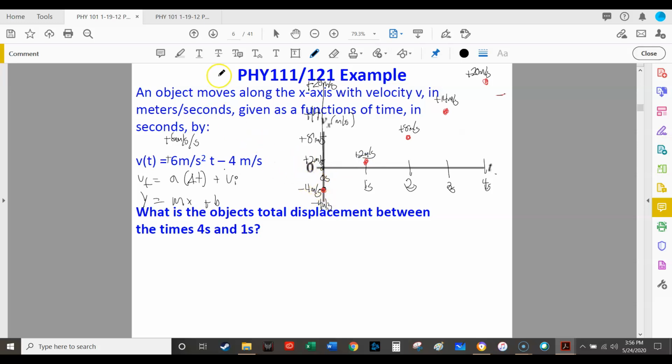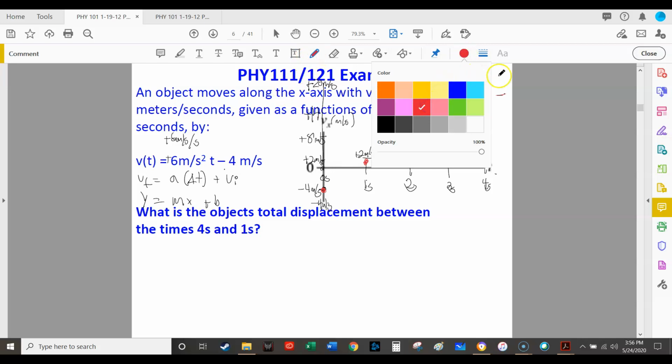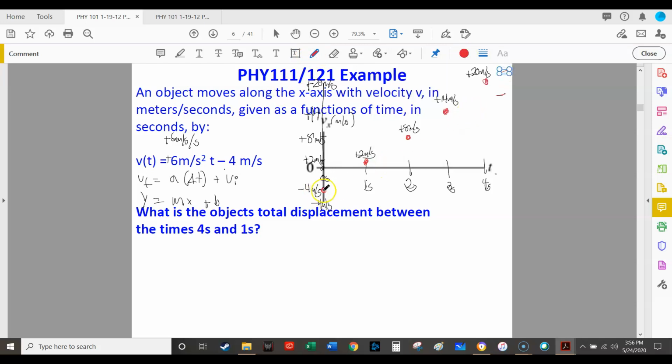Well, let's go ahead and try this now. We've graphed this, and I feel like I've graphed it correctly, and I could be wrong, I could be off, but it looks like this slope from 2 to 8 is going to be positive 6. So this line is going to be from the 2 second mark minus the 1 second mark. So it's going to be rise over run.